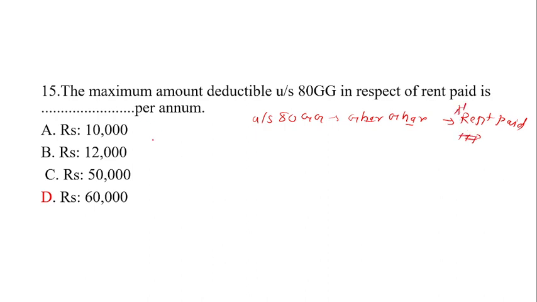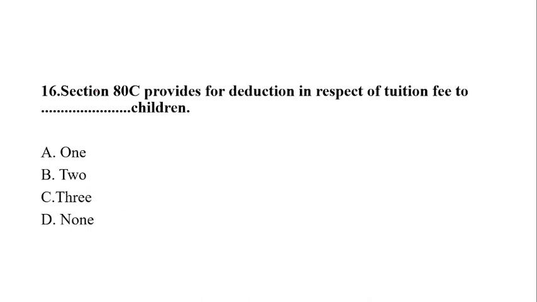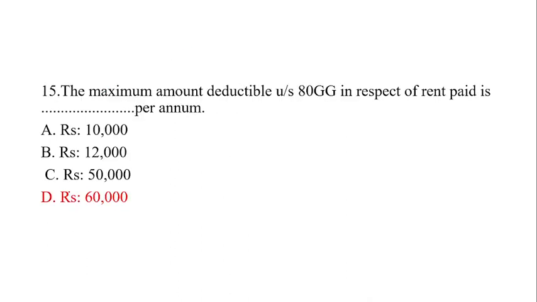Here you will get 5,000 rupees per month. So 5,000 multiplied by 12, then you will get 60,000 per annum as a deduction. So option D is the correct answer.